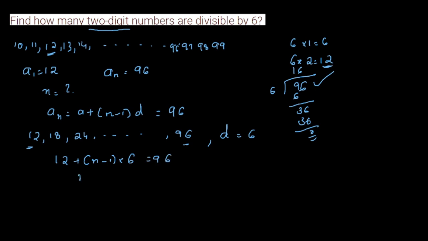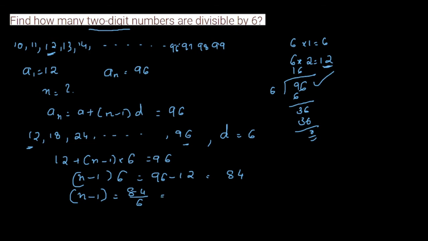Now n minus 1 into 6 is equal to 96 minus 12, which is 84, right? 6 minus 2 is 4 and 9 minus 1 is 8, so 84. So n minus 1 is equal to 84 by 6. 84 by 6.